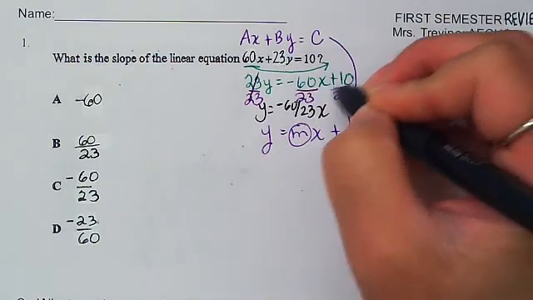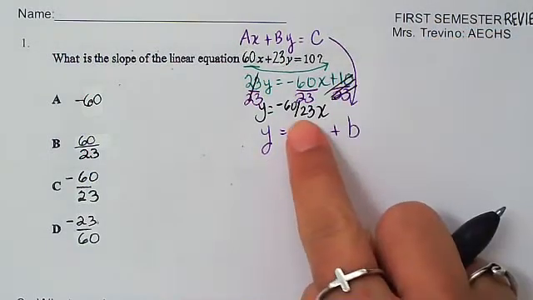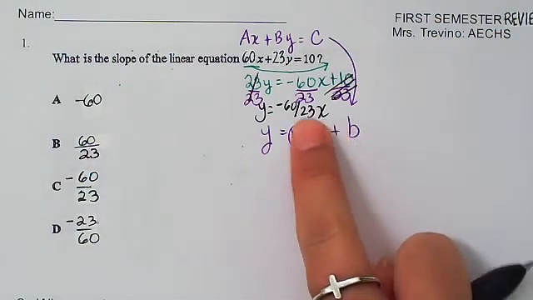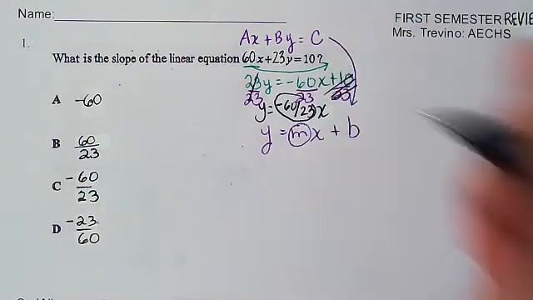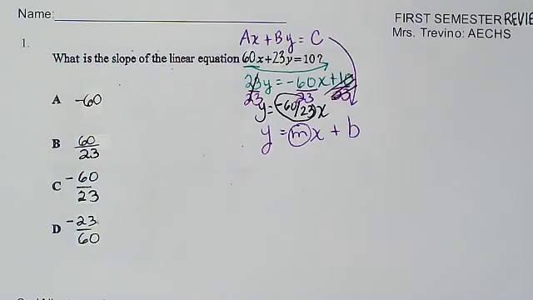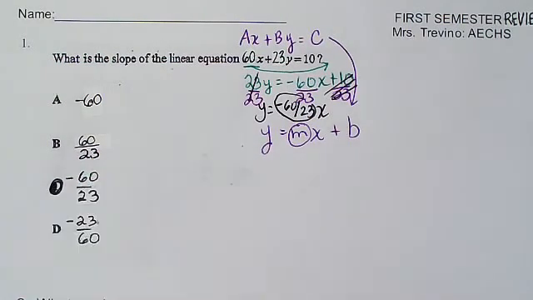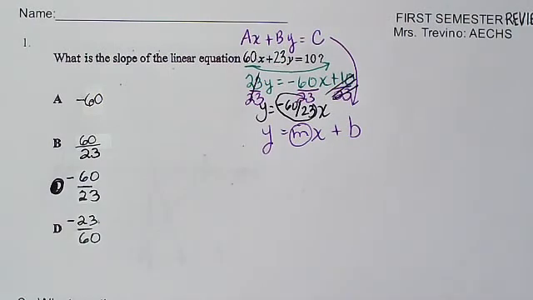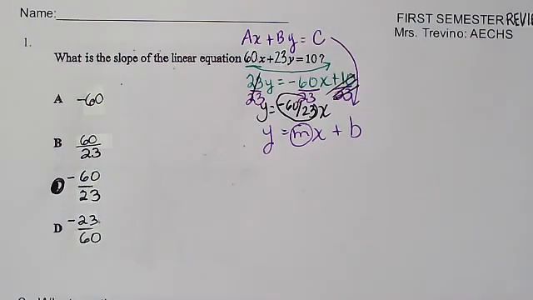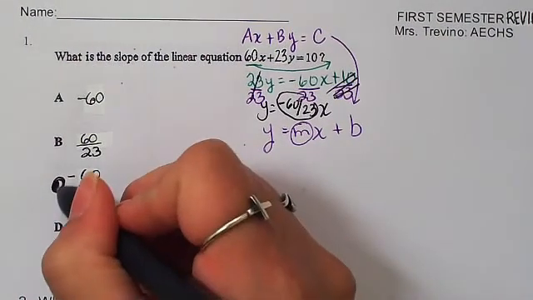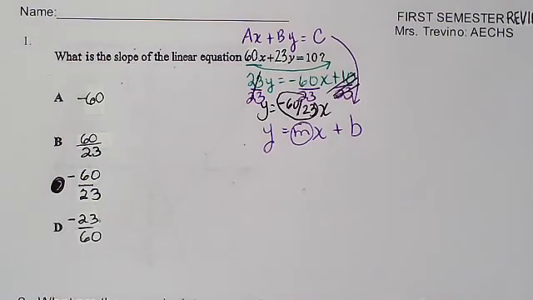And then I don't even care what this guy is because he's the y-intercept. Remember, the question said find the slope. He's the one with the x. So there's my slope, negative 60 over 23. So that's number 1. You'll have one exactly like this.